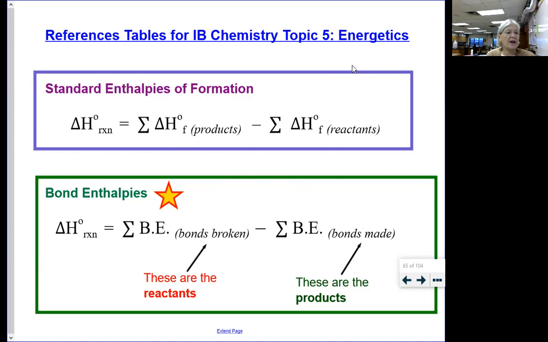Here in the enthalpies of formation equation, it specifically tells you that the products come first and the reactants come second. That is not given to you in the bond enthalpies equation. You have to know that bonds broken are the reactants and that bonds made are the products.